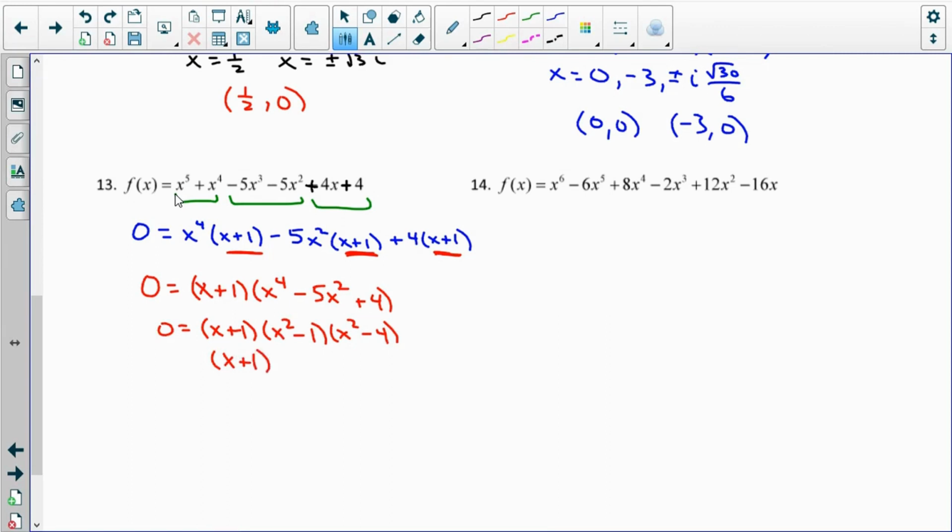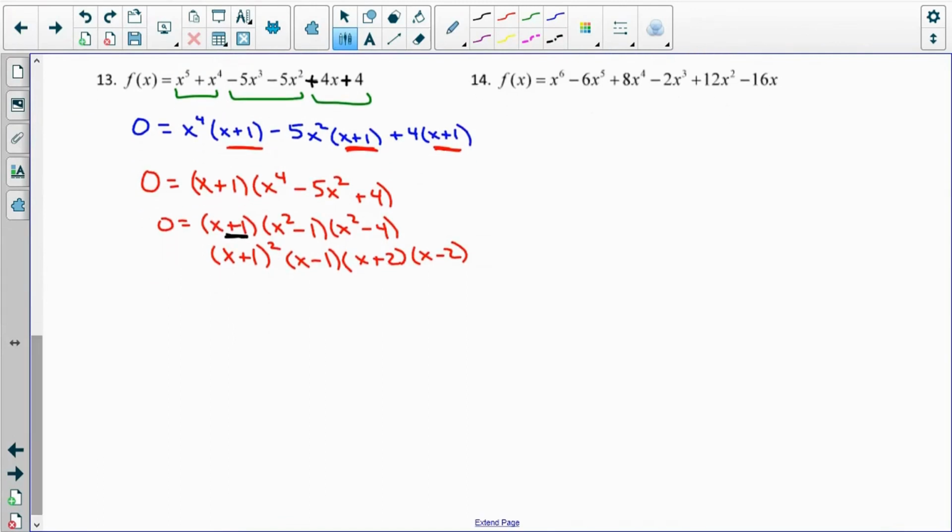X squared minus 1 goes into x plus 1, x minus 1. So I can write x plus 1 squared because I have the original x plus 1 I had, and then I'm going to have a different one from the x squared minus 1. And then I have x plus 2, x minus 2.